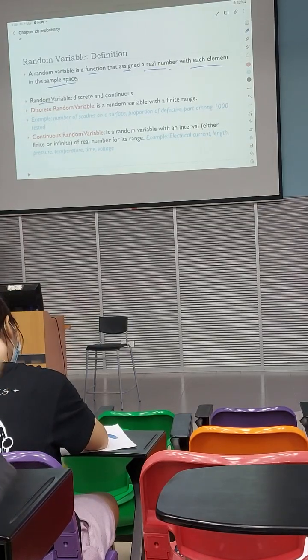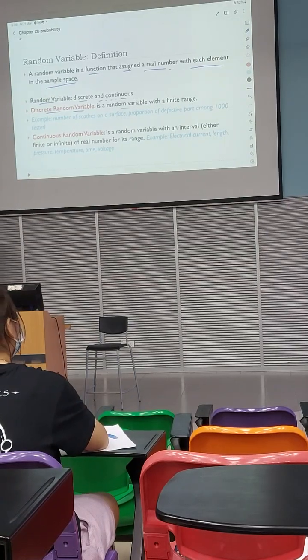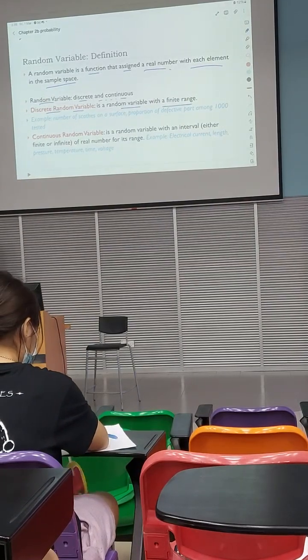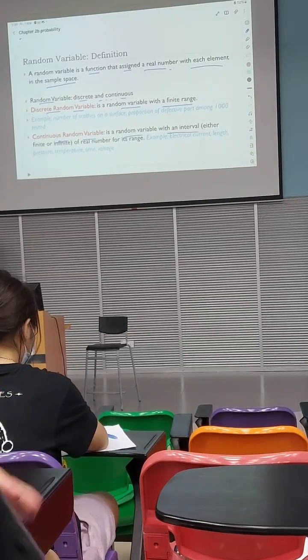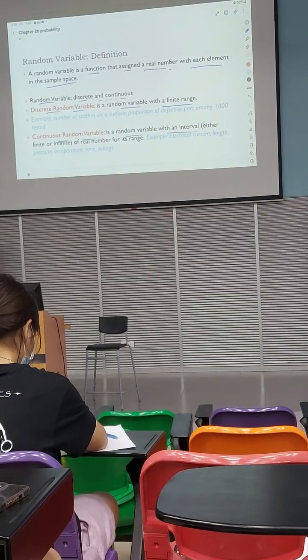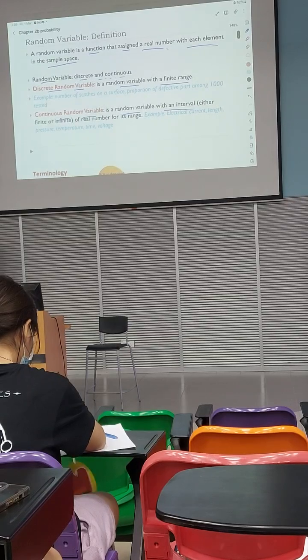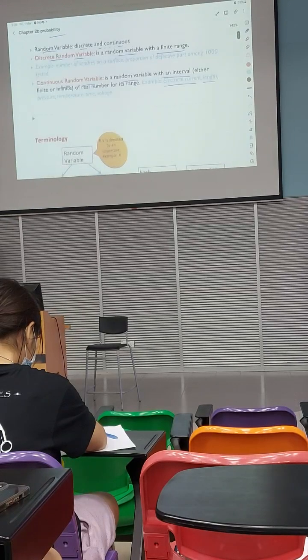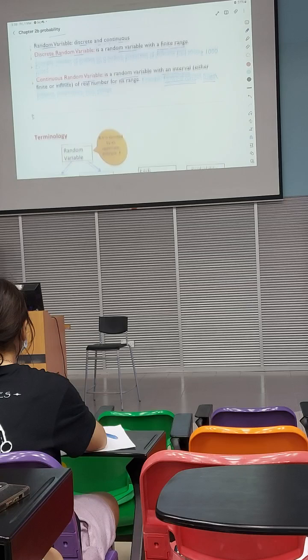A discrete random variable is a random variable with a finite range, and a continuous random variable takes values within an interval. Examples are electrical current, length, pressure, temperature, time, voltage, and so on. Understand? We have two types, discrete and continuous.